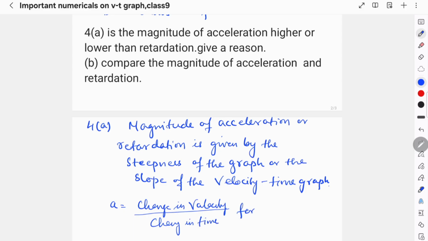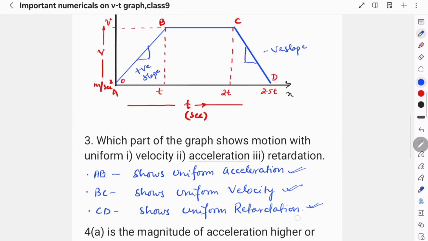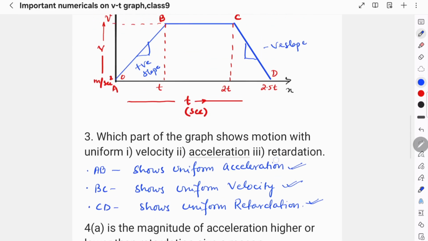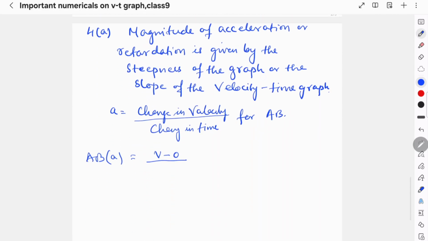So for your AB, which is acceleration, my change in velocity will be from 0 to V, and change in time is from 0 to T, that is T minus 0. So it is V by T.